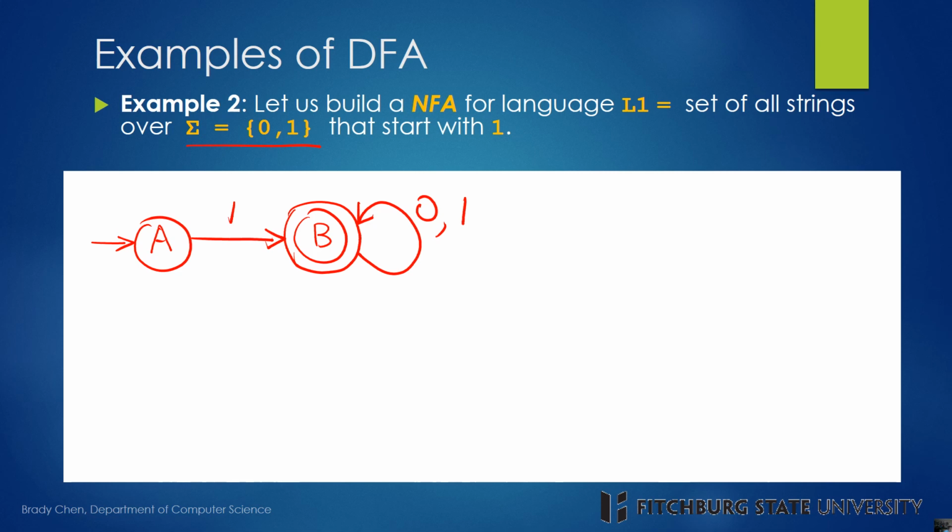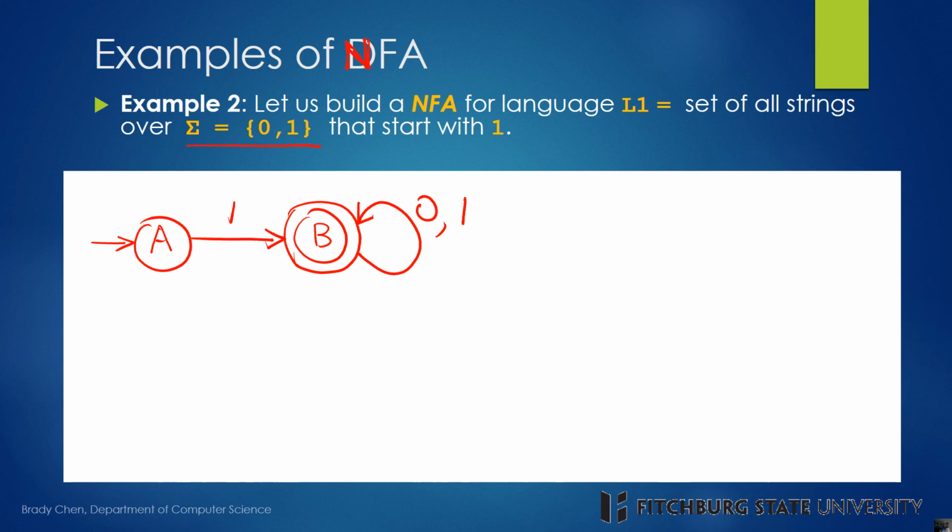You only say, if the input is 1, we go to the accepting state, and for input 0, we could go nowhere. From this perspective, the non-deterministic finite automata is much simpler. Oh, I'm sorry, in this case this is a non-deterministic finite automaton. It's not deterministic.